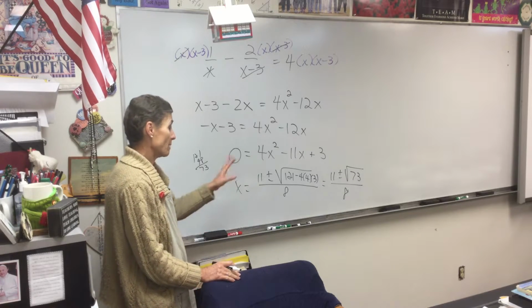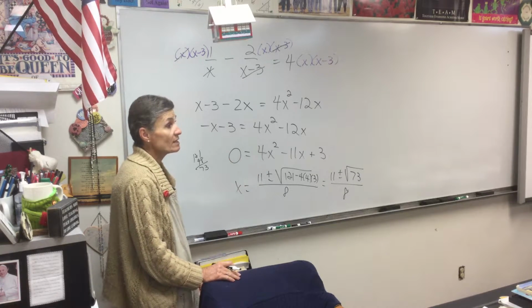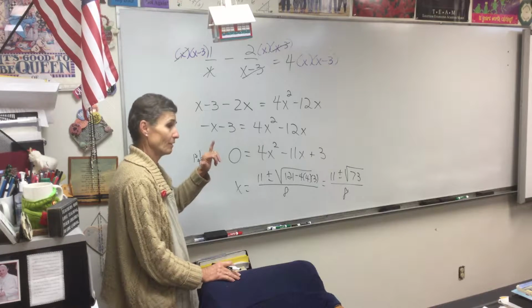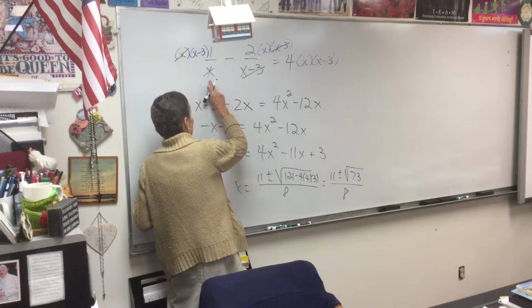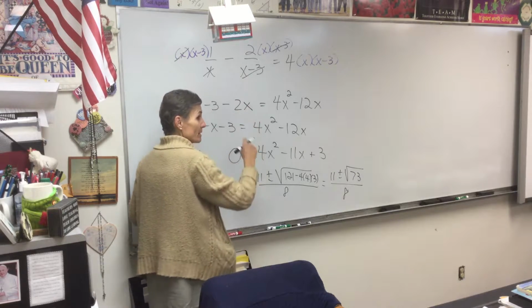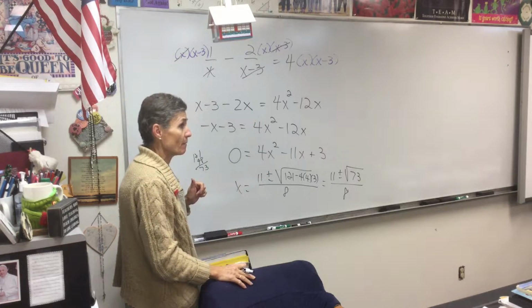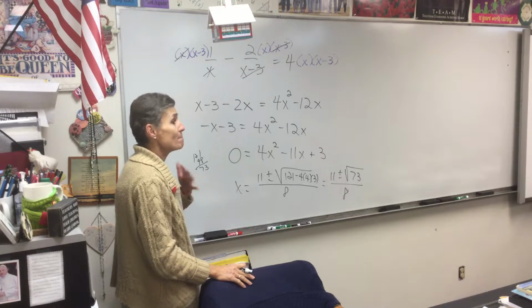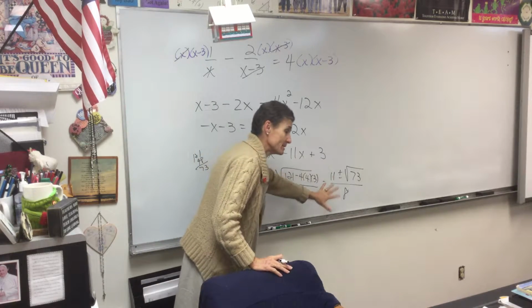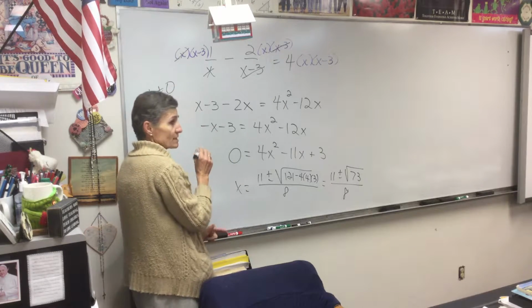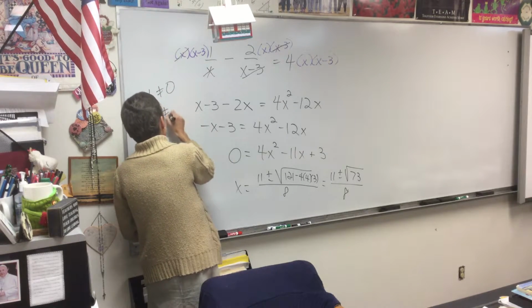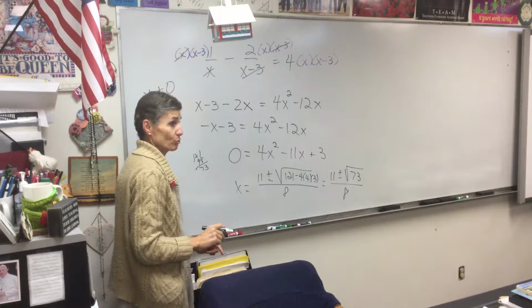Now I'm not worried about it in this case, but there is one little thing you do have to be aware of. In the original problem, you had an x in the denominator and an x minus 3 in the denominator. So that means that whatever happens as you solve, you could not have an answer of 0 and you could not have an answer of 3.